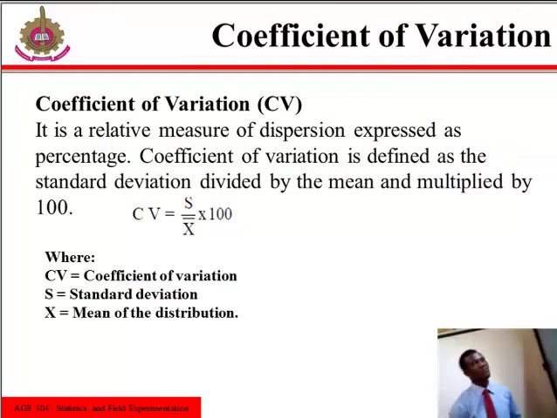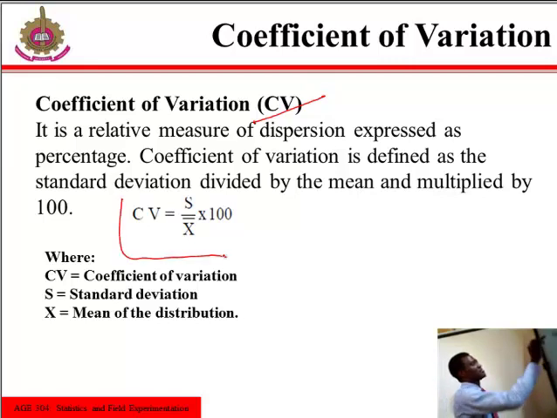Now, coefficient of variation. The coefficient of variation is also simply called CV, and it is a relative measure of dispersion expressed as a percentage. The coefficient of variation is defined as the standard deviation divided by the mean and multiplied by 100.